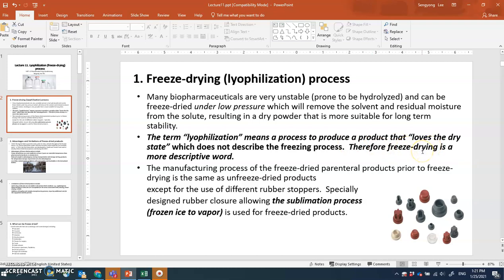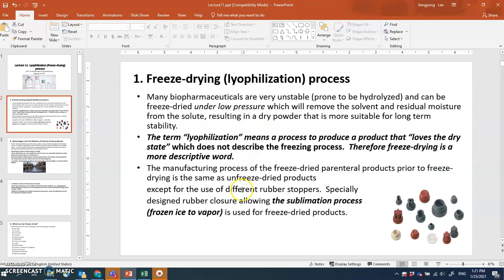So freeze drying is a better word to describe the entire process. Anyway, some people say lyophilization, some people say freeze drying, but those two words are used interchangeably.